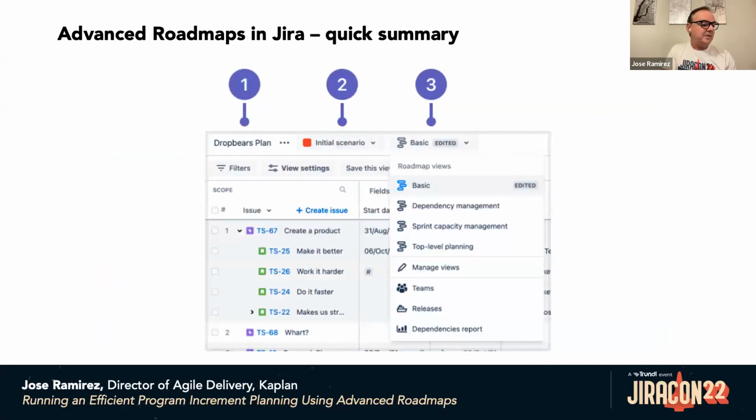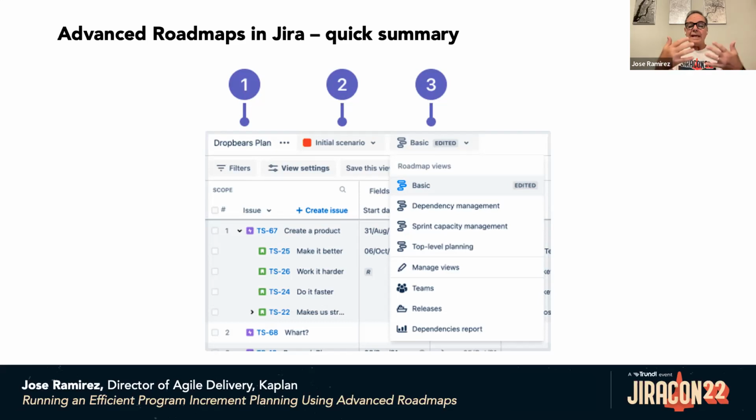In Advanced Roadmaps, as I mentioned before, we have more flexibility in terms of configuration and also visualization. So we have the possibility, tagged with number 1 in the slide, to have a specific configuration for each plan. So it's not only a global configuration, but a specific configuration for each plan. Each plan can have a permission scheme specific for that plan, and also another configuration in terms of how we need to present the map itself, or the roadmap itself.